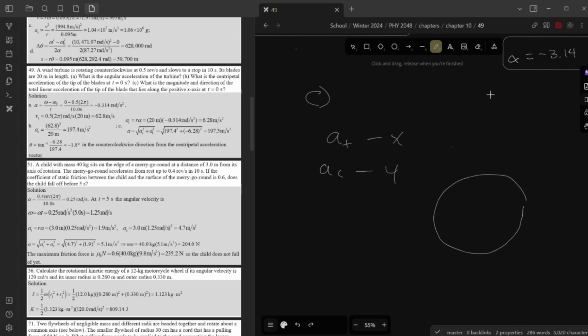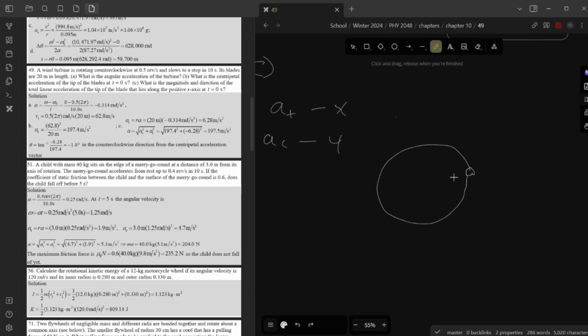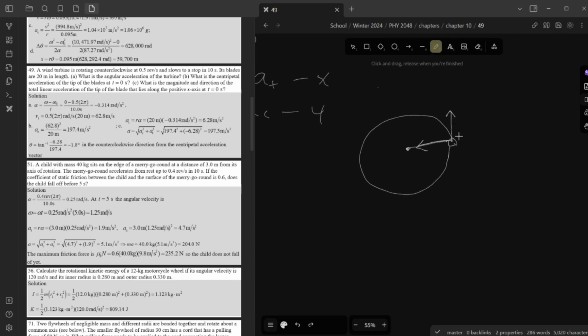So let's say we have a little object here, maybe a baseball tied to some rope or something, I don't know. It's going to have a tangential acceleration. Let's say it's increasing in angular velocity. It's going to have a tangential acceleration, but it's also going to have a centripetal acceleration that keeps it in this rotation here. So it turns out you can measure these magnitudes right here.